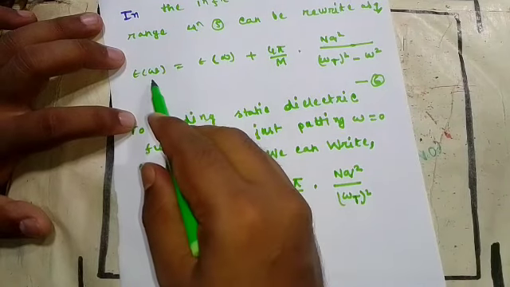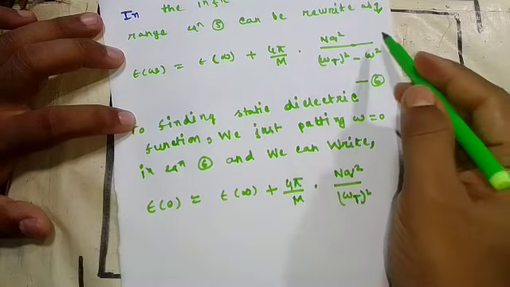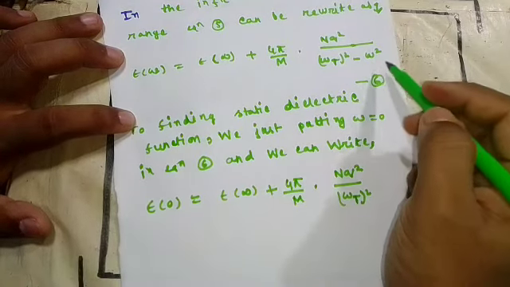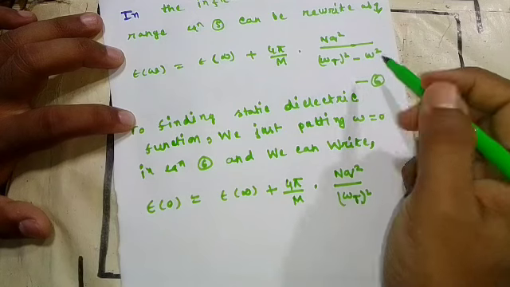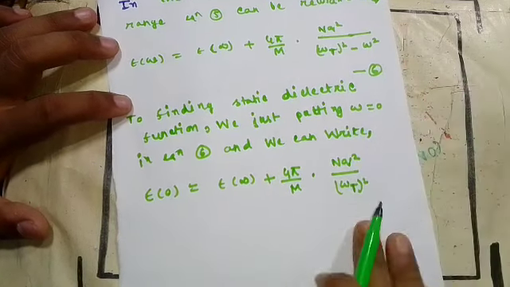This epsilon omega term will be epsilon naught. Here the omega term will be neglected because omega is equal to 0.